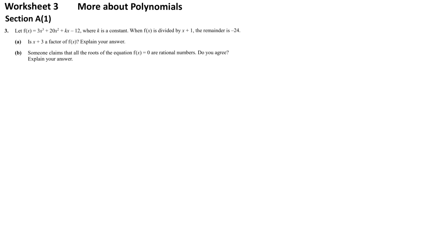In this question, it's quite typical. They give you the original function, and then there is an equation. When f(x) is divided by this one, the remainder is negative 24. And if you remember the remainder theorem, when f(x) is divided by x plus 1, that implies f(-1) is equal to the remainder.